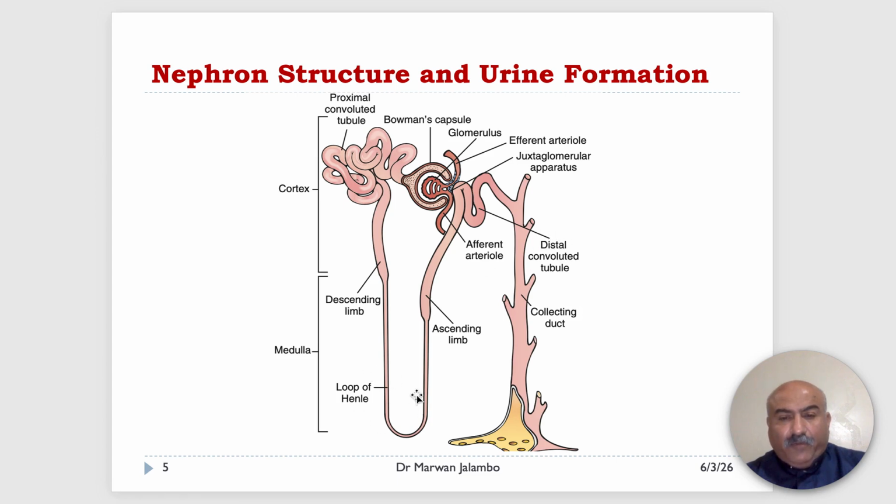Here is the loop of Henle and the proximal Bowman's capsule. These tubules do the heavy lifting, actively reabsorbing most components and requiring a massive expenditure of energy in the form of ATP. Now that we know the anatomy, let's look at how the kidney manages water.